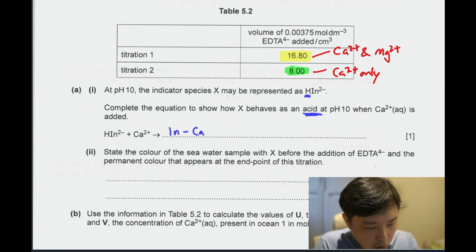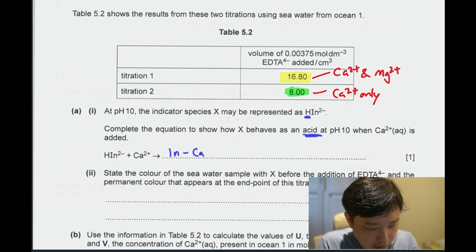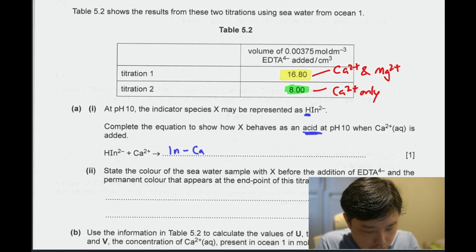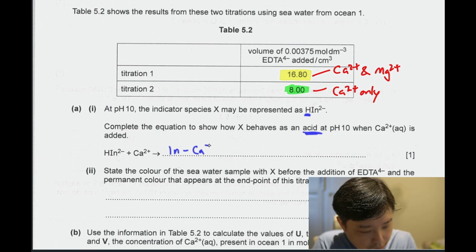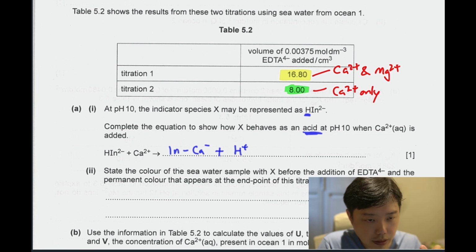Overall it should give you H plus and then it's a -1. You should get a calcium. Overall it should be a minus. Okay, and then you get a H plus outside. So on both sides, your charges should add up to 0.